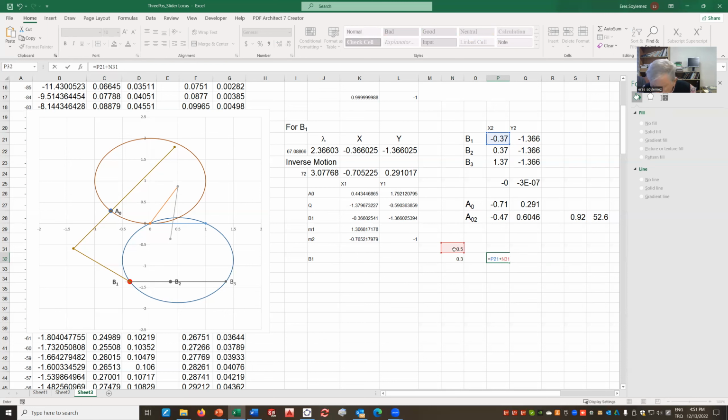That value is correct. And then is equal to y value plus 0.3. This is the step. And then I will say x value is the same. Y value is this value minus 2 times 0.3.